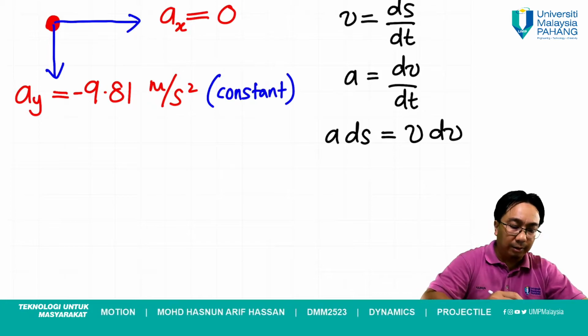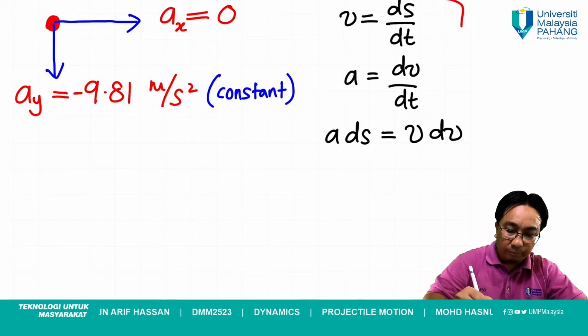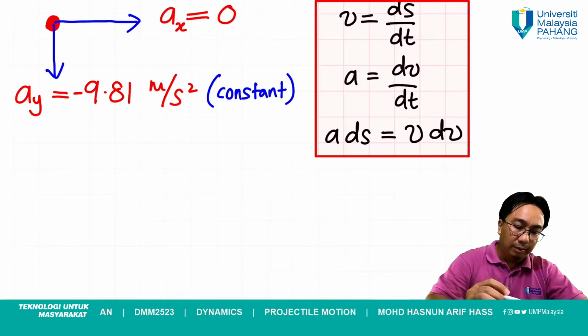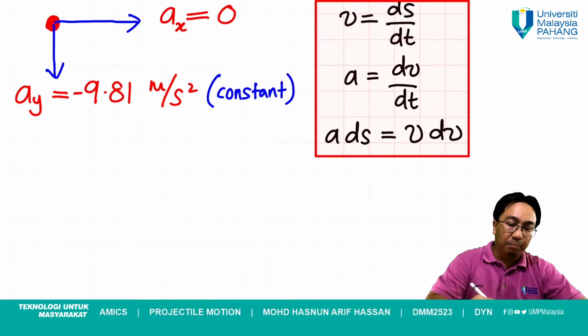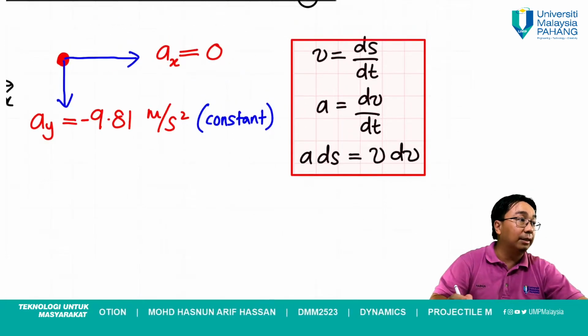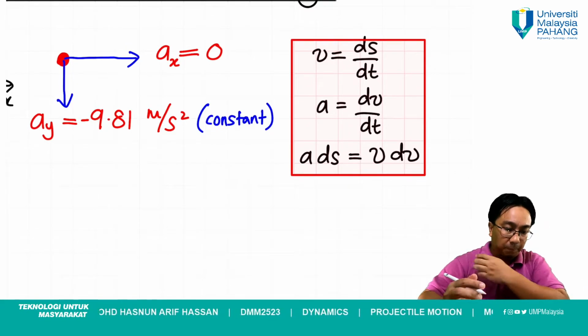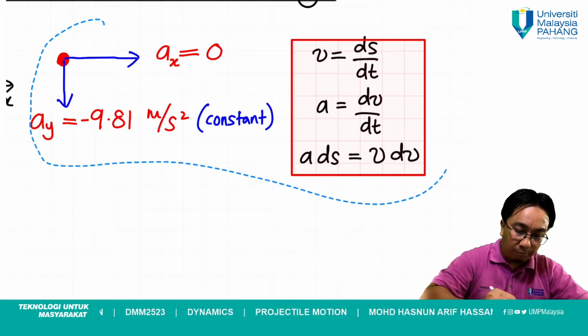These are the basic kinematics equations. From here we can derive several equations for the case of constant acceleration. Wait, let me copy this to the side so that we have more space to write.